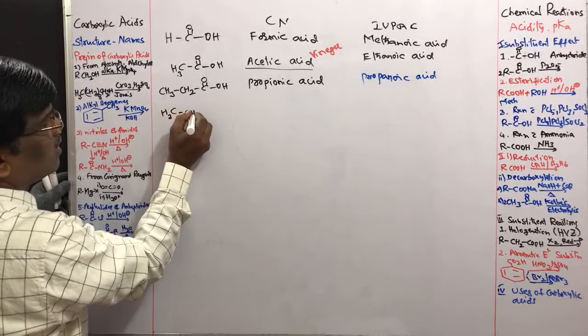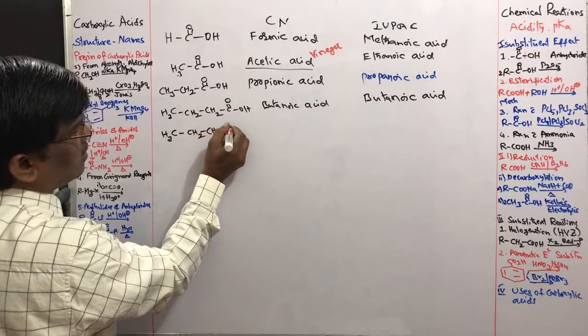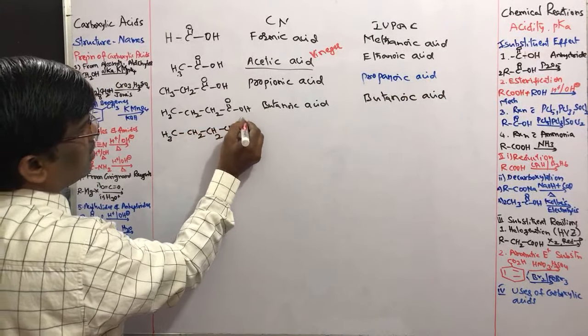And if I increase this to CH3 CH2 CH2 COOH, it is butyric acid, or butanoic acid. When I increase further, the name is very important, students. The common name is valeric acid. Pentanoic acid is also known as valeric acid.